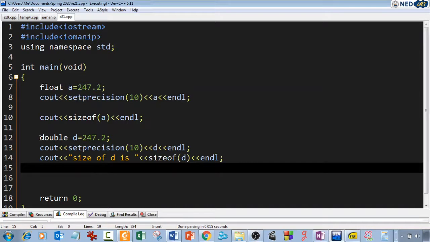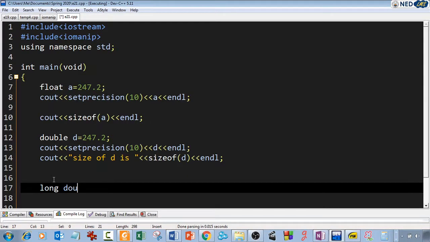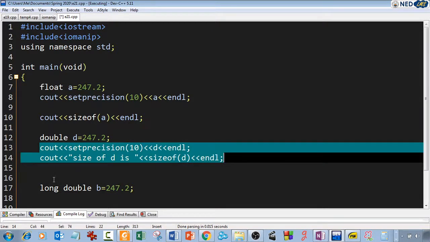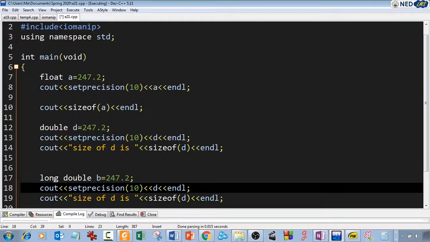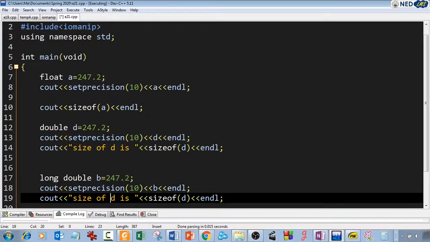So let's declare another variable and let's call that variable long double, just a name, let's call it B, equals 247.2, and same thing, I'm going to copy and set precision 10. I'm going to have B over here, size of B is, and size of B, and let's run this thing.